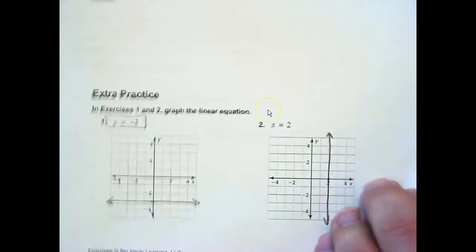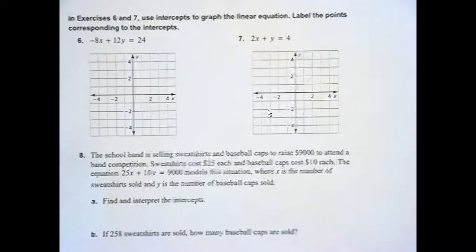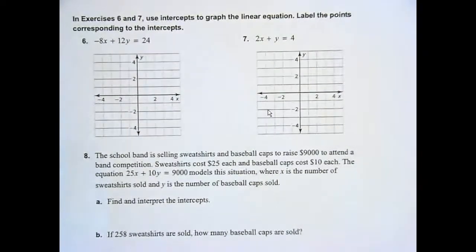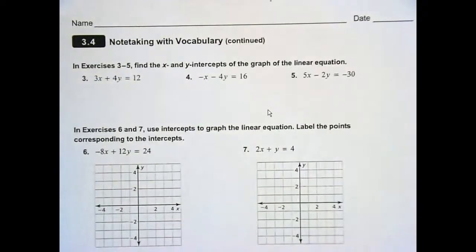Take a look at page 78. Take a look at number 6 and number 7. Number 6: use the intercepts to graph the linear equation, then label the corresponding points of the intercepts. Actually, we better start with number 3. That might be easier.